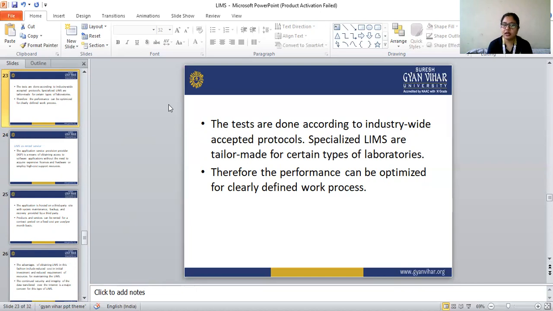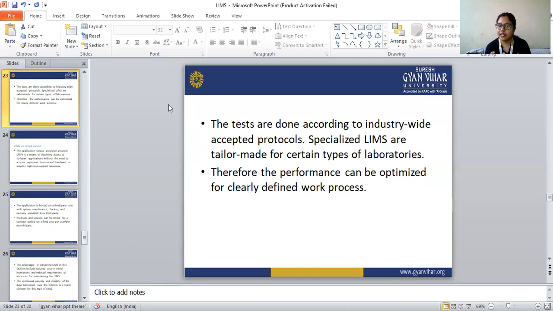Specialized LIMS are tailor-made for certain types of laboratories, because stability testing is done in particular laboratories, and only those laboratories use the specialized LIMS.